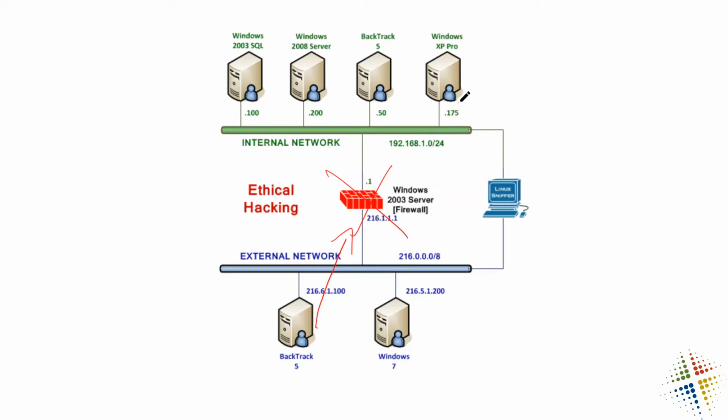However, the XP Pro machine can go out through the firewall, can do an outbound connection. So inbound doesn't work, outbound does. So therefore my payload should be a reverse connection. It is allowing the XP Pro to reverse back into me, and then I can use that connection in order to further attack the machine.